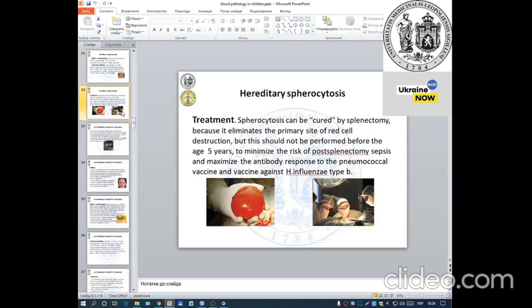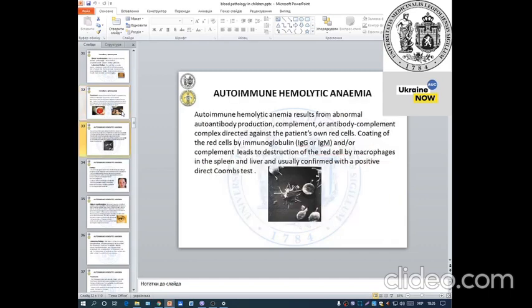Hereditary spherocytosis can be cured by splenectomy because it eliminates the primary site of red cell destruction, but it should not be done before the age of 5 years to minimize the risk of post-splenectomy sepsis.